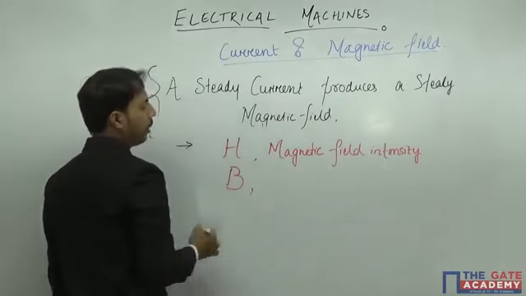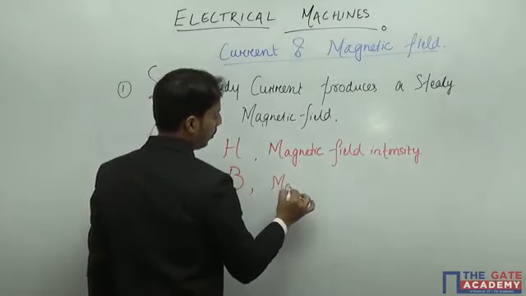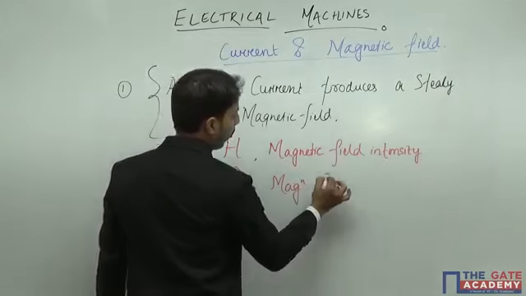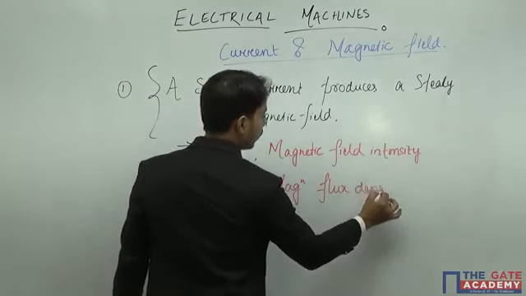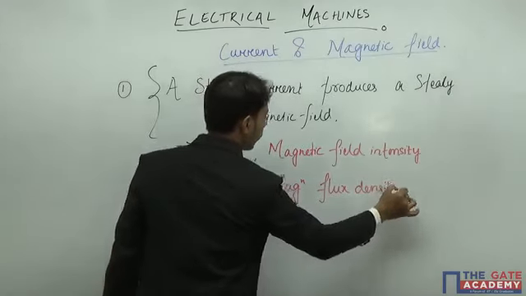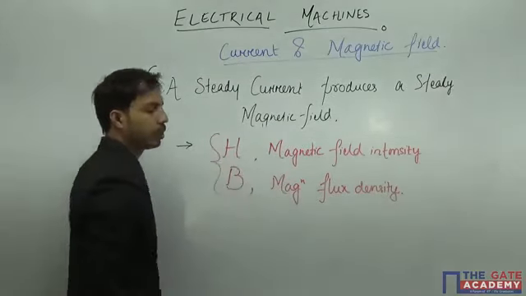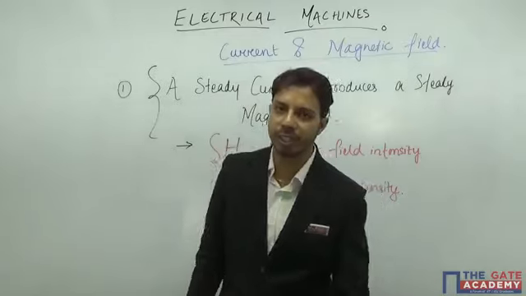B is the magnetic flux density. Both these terms represent the strength of the field.